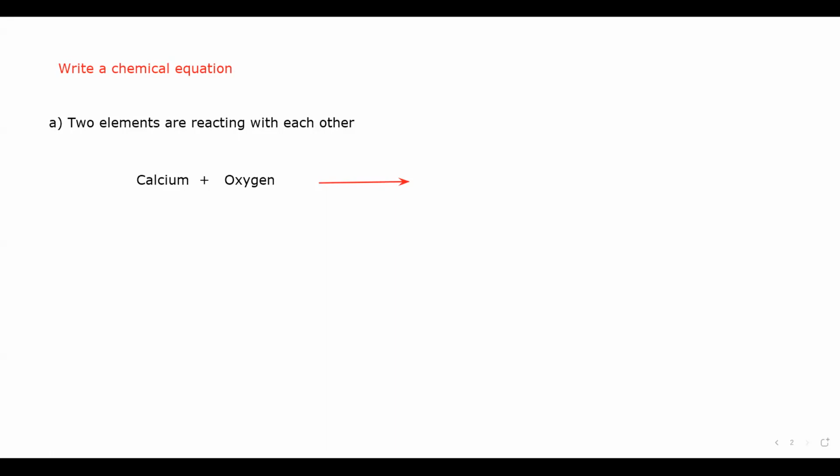I'm just asking the name of the compound. Calcium reacting with oxygen, what will be the name of the compound formed? That will be calcium oxide. So calcium reacts with oxygen, this results in the formation of calcium oxide. That's a word equation.